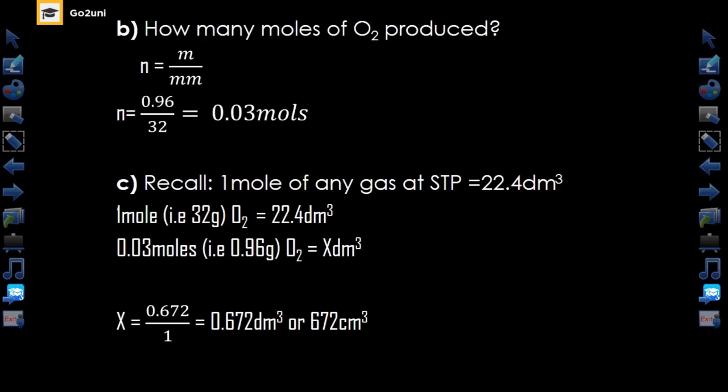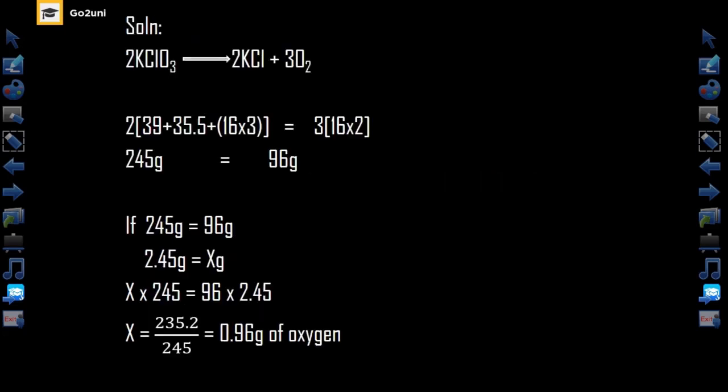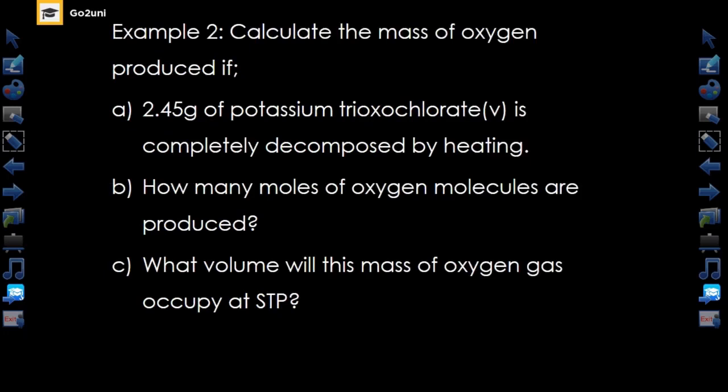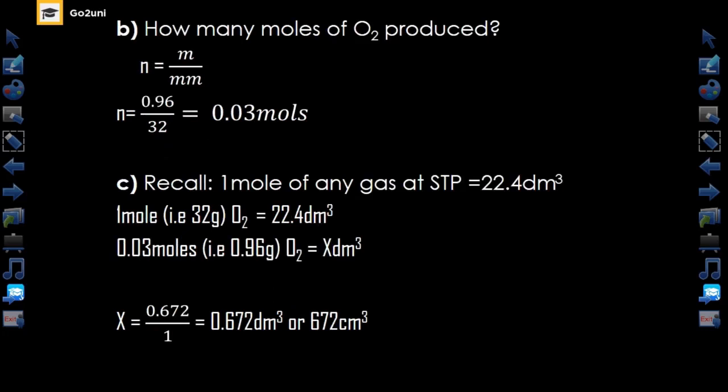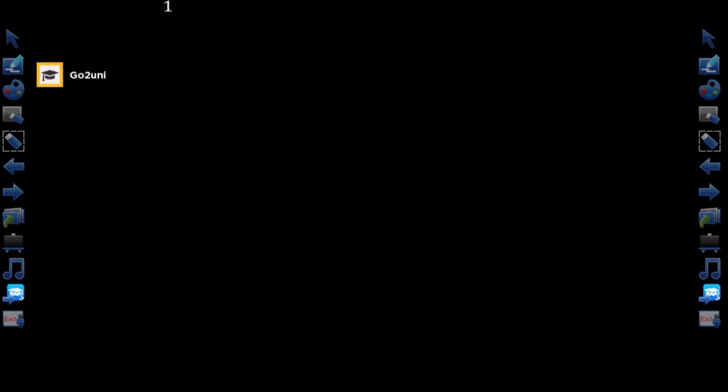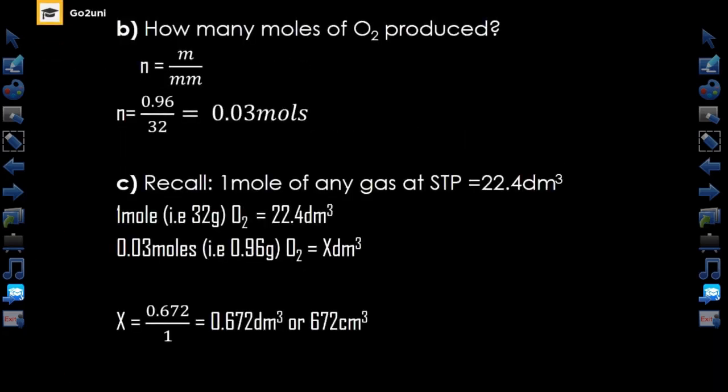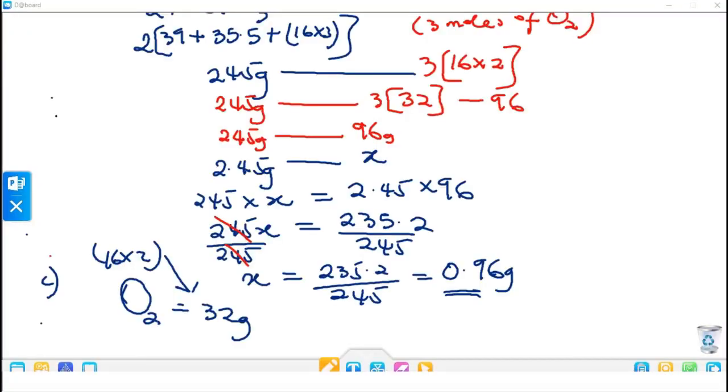So if 32 grams occupies 22.4 dm cube, the question says, what will be the volume occupied by 0.96 gram of oxygen gas at STP? It is just to cross multiply, and by the time we cross multiply, we have our answer.